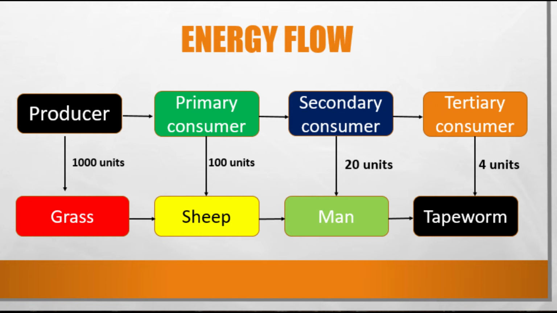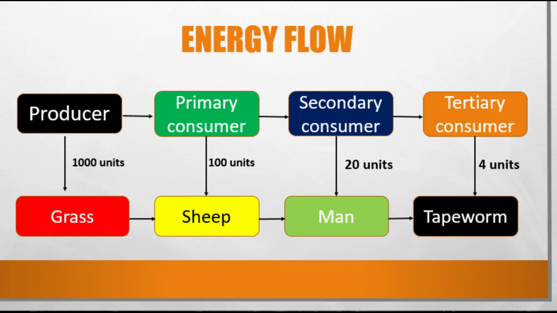Then the last one is what? Tapeworm. We know tapeworm lies in the intestinal walls of our stomach, so they will take the last nutrient. So this is how we construct the food chain. But the energy flow in the food chain is not always 100%.